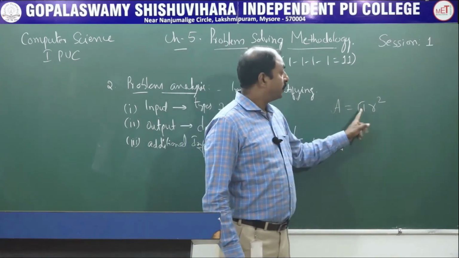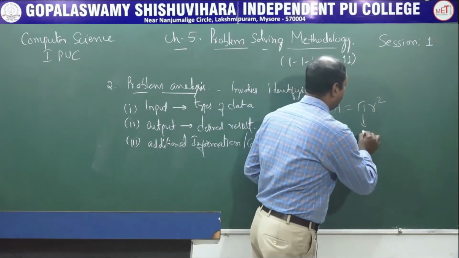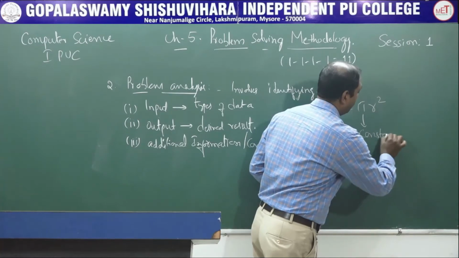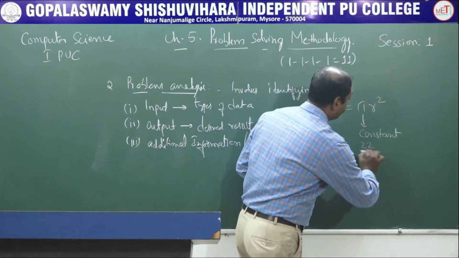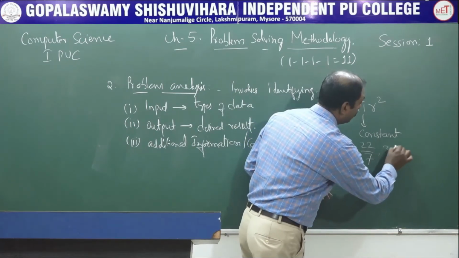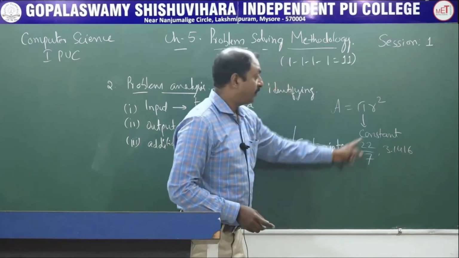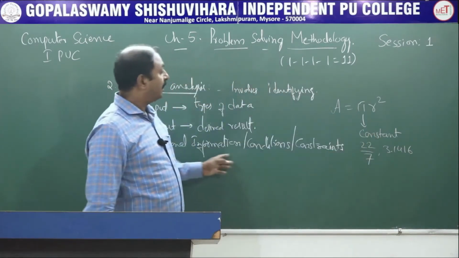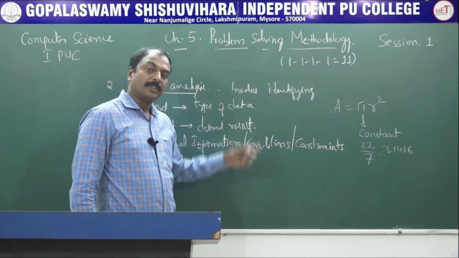In between there is one more value that is called pi. It is nothing but a constant. We know the value of the constant. You can use it either as 22/7 or 3.1416. So this type of information is nothing but additional information with respect to the problem.